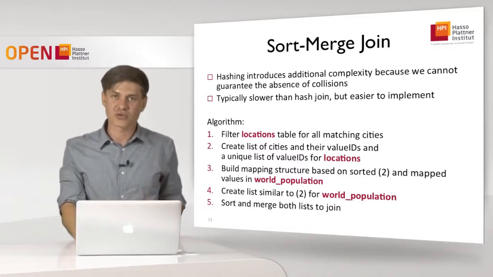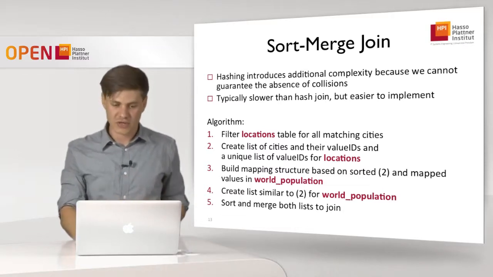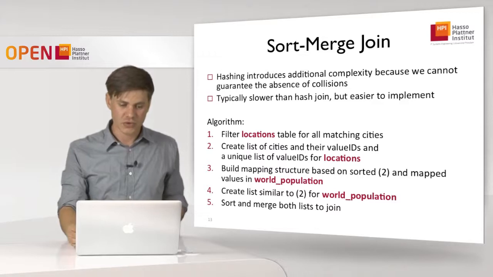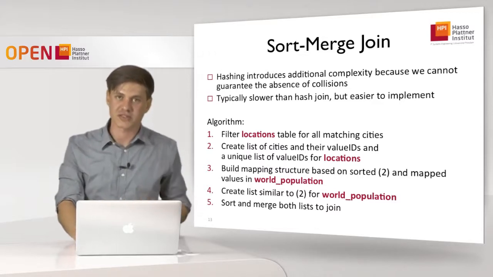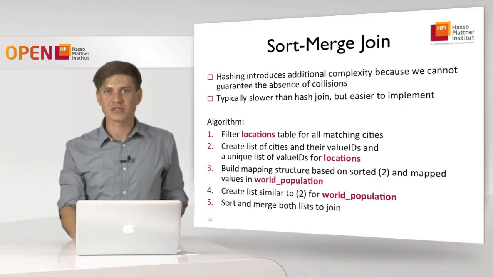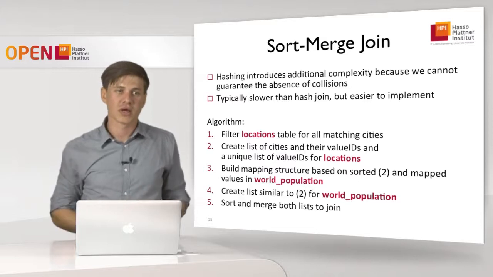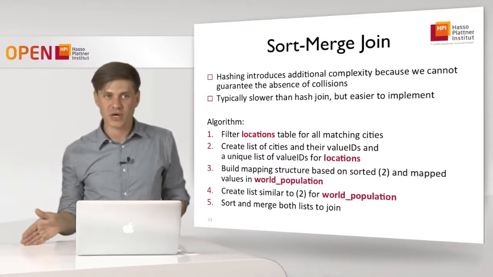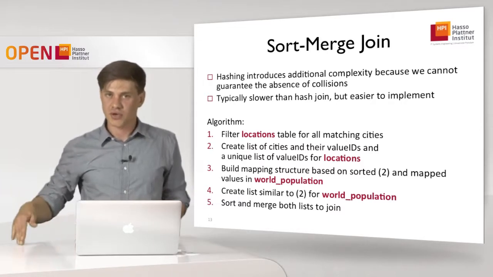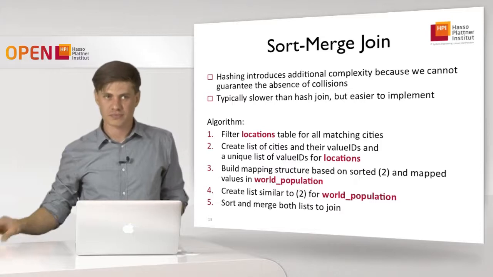The sort merge join is usually slower than a hash join, but still it's interesting for us to show you that join. The algorithm basically works as follows. In the first step, again, we filter the locations table with all the predicates we can apply up front to the join operation. Second, we create a list of cities and the corresponding value IDs, and furthermore create a list of unique value IDs of the cities and sort it.